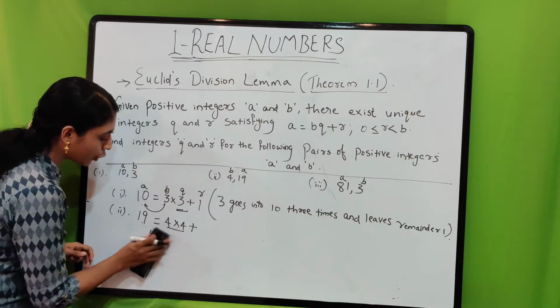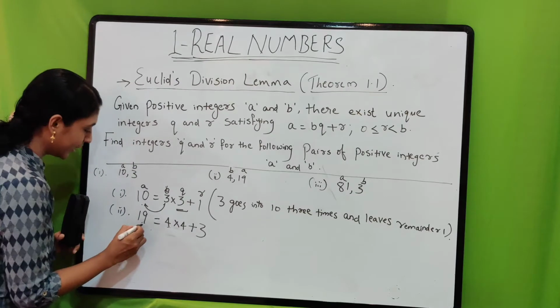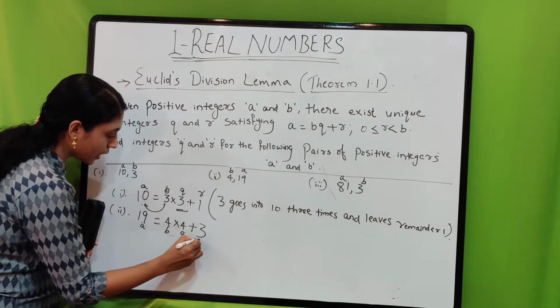So we can write 4 into 4 plus 3. That is 16 plus 3, which is 19. Here A is 19 and 4 is B. Here the quotient is 4 and the remainder is 3.